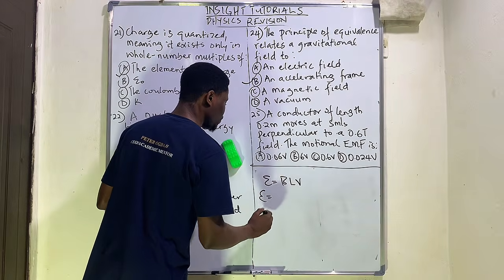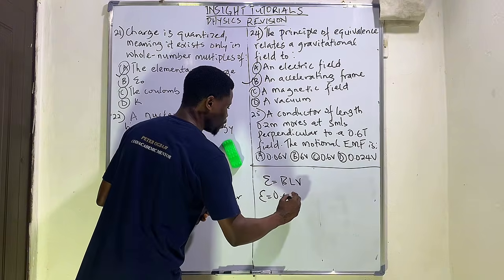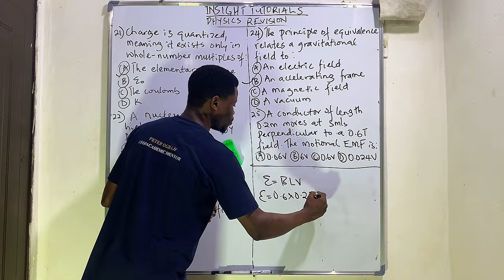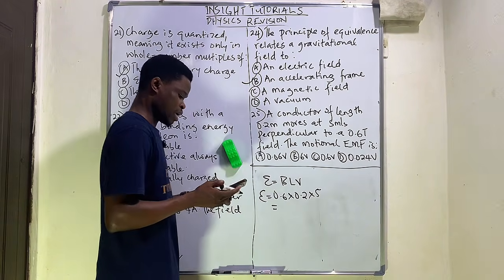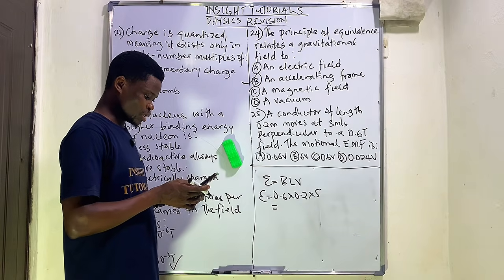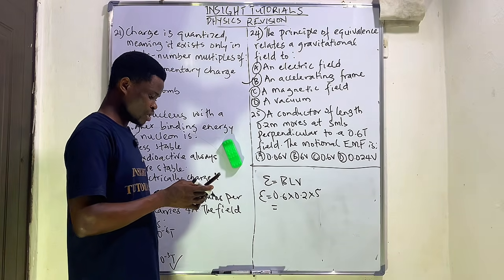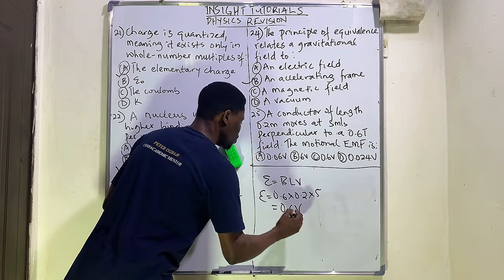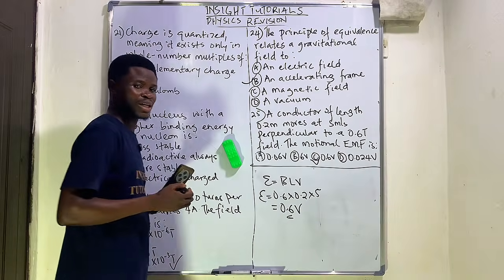The motional electromotive force is going to be 0.6 times the length of 0.2 times the velocity of 5 meter per second. If we punch that on the calculator, 0.6 times 0.2 times 5, it happens that the correct answer to this question is 0.6 volts. So option C is the correct answer.